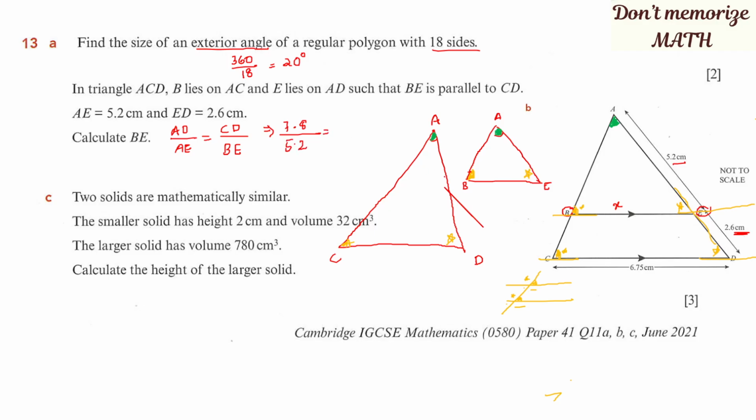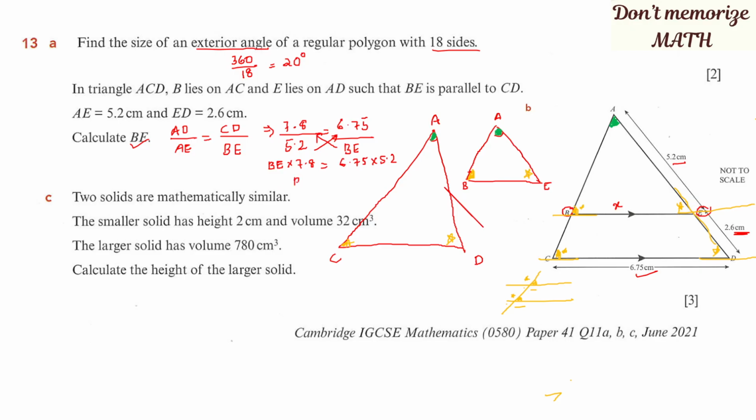Then CD. What is CD? CD is given, 6.75 over BE. BE is not given. We need to calculate BE, so just take it as BE and cross multiply. So we'll get BE times 7.8 equals 6.75 times 5.2.